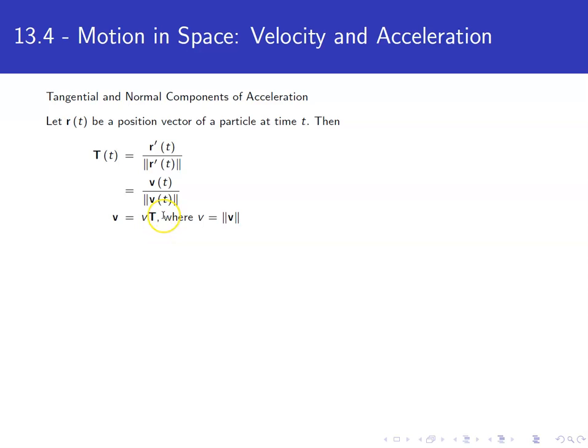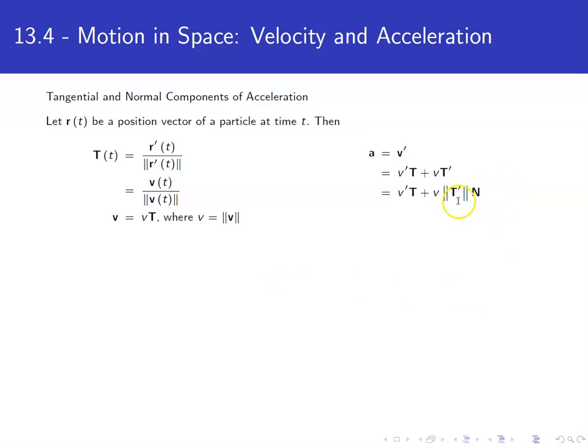That's the speed times the tangent vector. Our acceleration, of course, is the derivative of velocity. We can differentiate that using the product rule because we have this expression now for the velocity vector. So this is just the product rule being applied to v times T, the non-vector v times T.